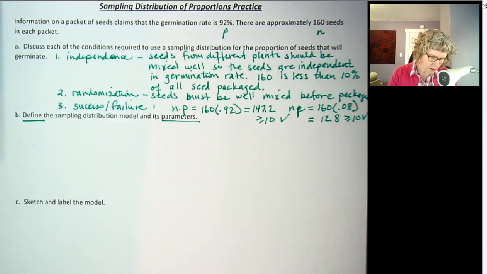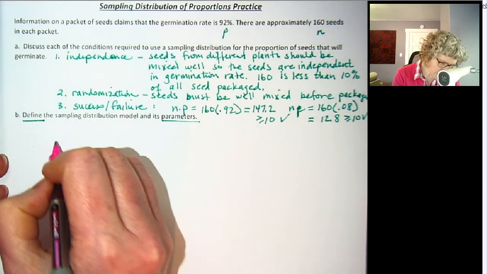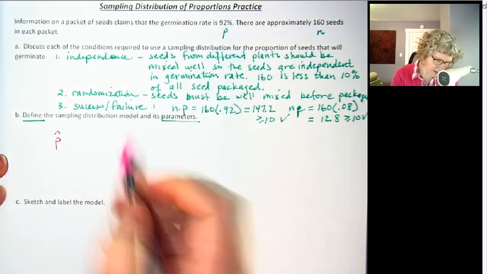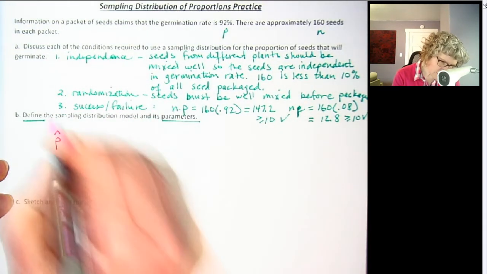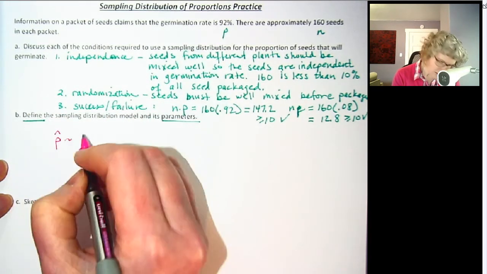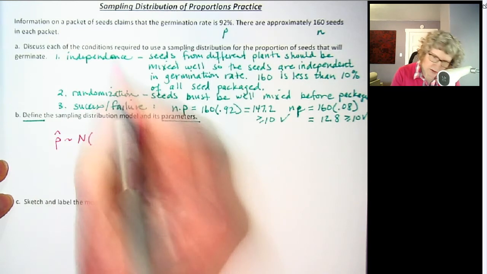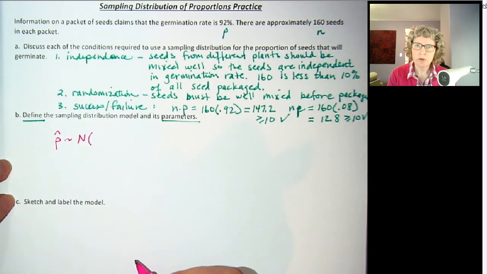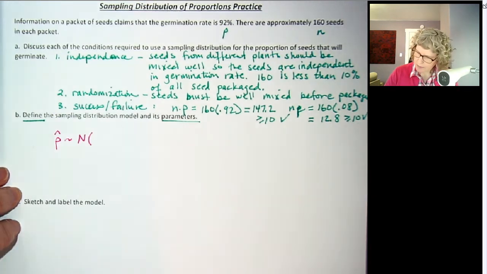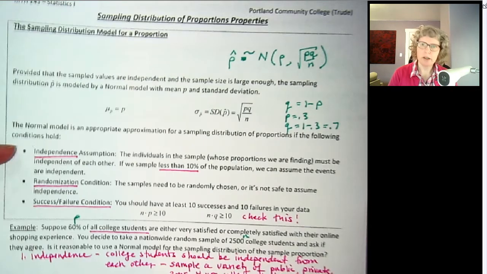So now we can define the sampling distribution model and its parameters, or its inputs. Okay. So we are talking about p hat for a sample proportion, and as these conditions are met, we can go ahead and do our formulas for the distribution. So our mean is the sample proportion.